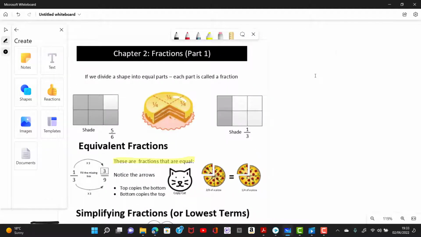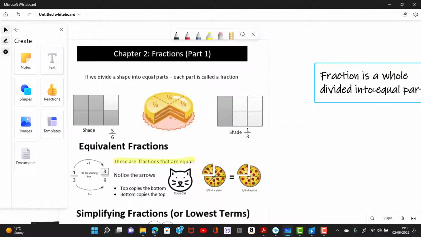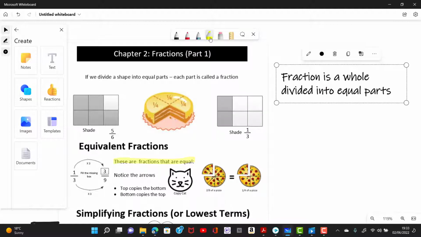A fraction is a whole divided into equal parts. The most important thing is that it's divided, but it has to be in equal parts. So make sure you do that.